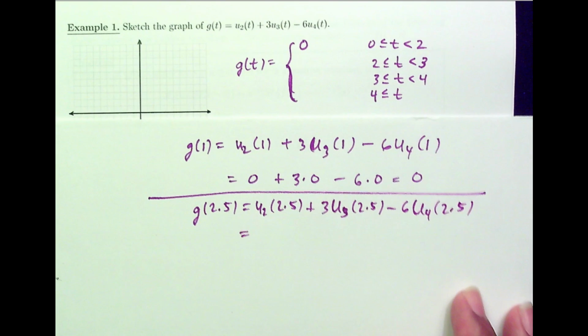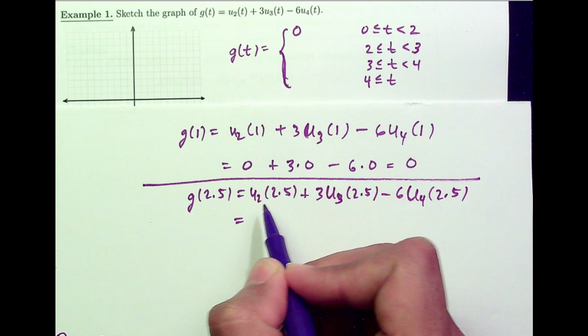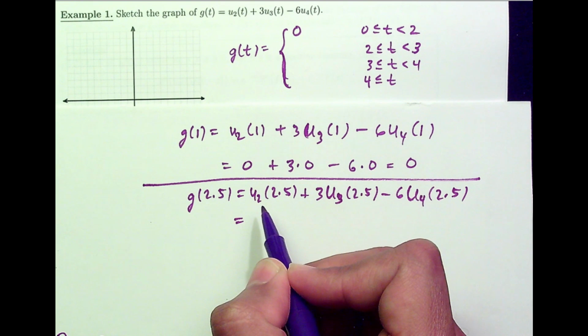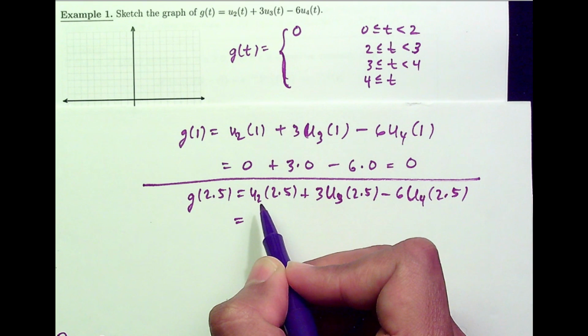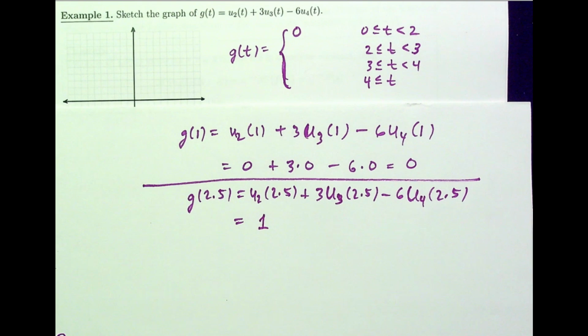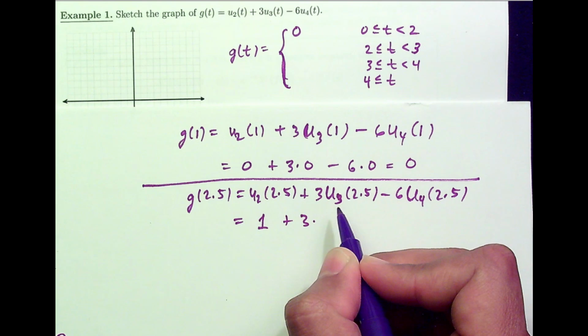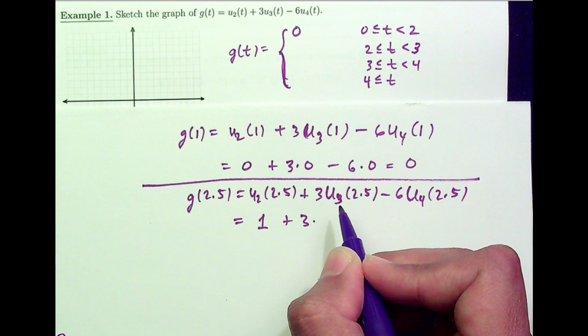Okay, so let's see. If I plug in 2.5 in u2, well, 2.5 comes after the switch has been turned on, so that means the value is 1. So u2 of 2.5 is 1. Now 2.5 evaluated on u3, that one is 0 because 2.5 happens before the switch is turned on.